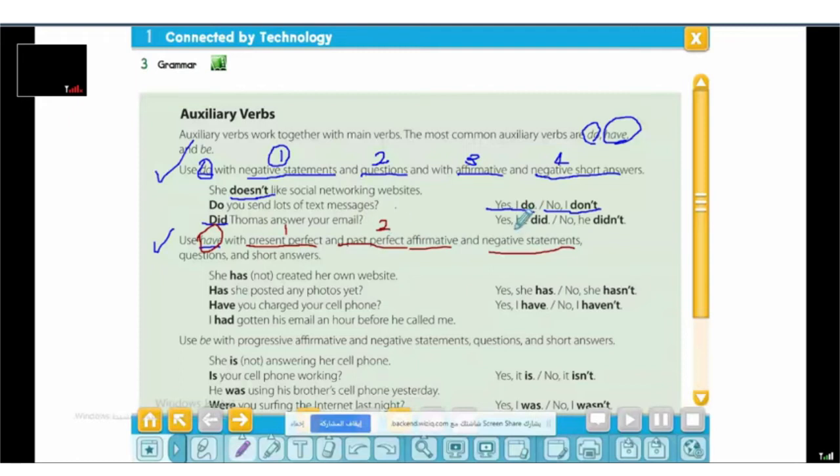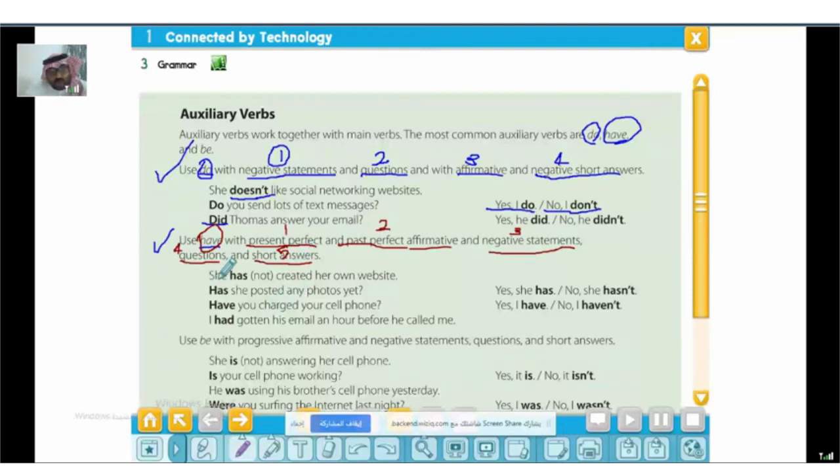And number three, negative statement. Number four, question. And this is number five, short answers. Now we have five things: present perfect and past perfect affirmative and negative statements, and questions and short answers.